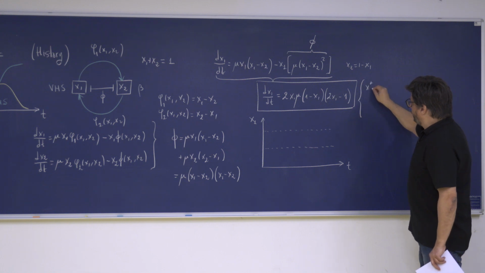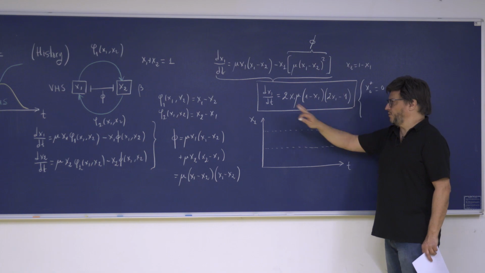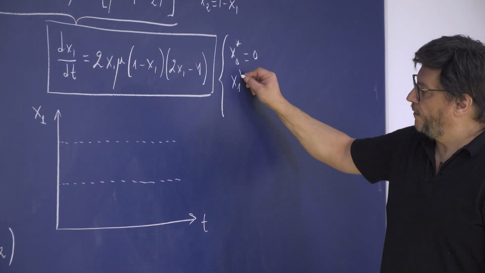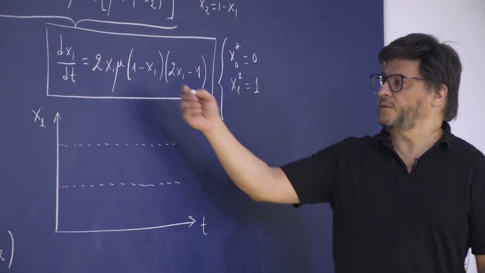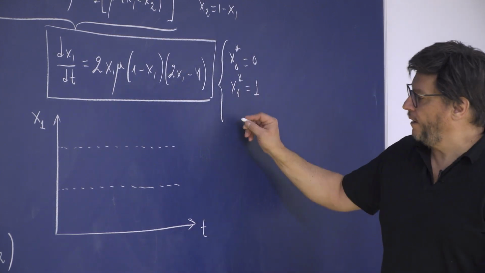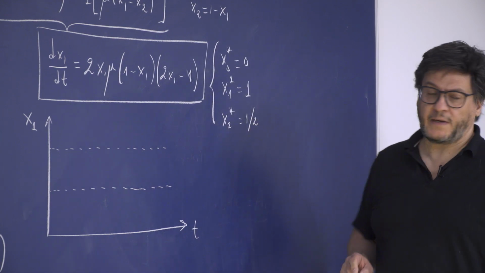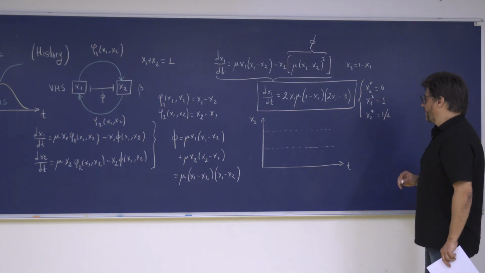One is extinction. There's no one there. A second one is total dominance, right? That comes from here, right? I won and everyone is using that. And there's a third one, which is 1/2, right? Half of people is using one, half of people is using the second.